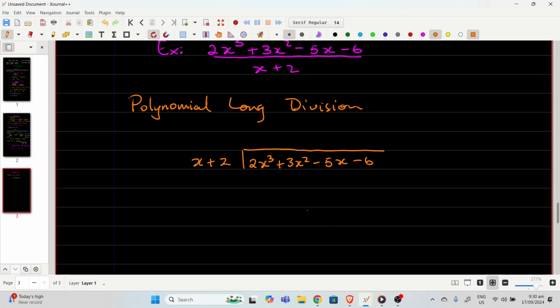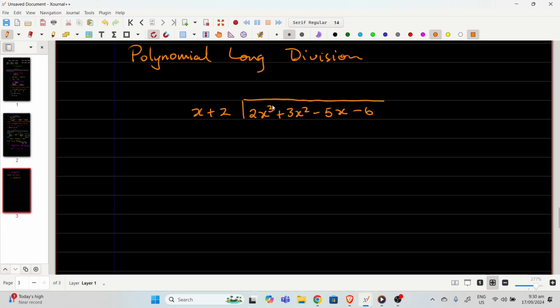Now, the goal of the long division is to simply match the first term. So what I usually do is put that first term, the x cubed, and then I divide it by the highest order term of the divisor, which is the x.